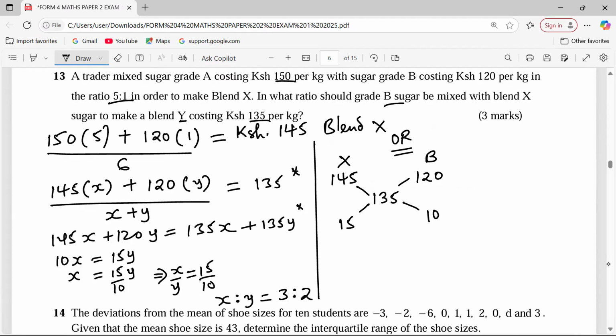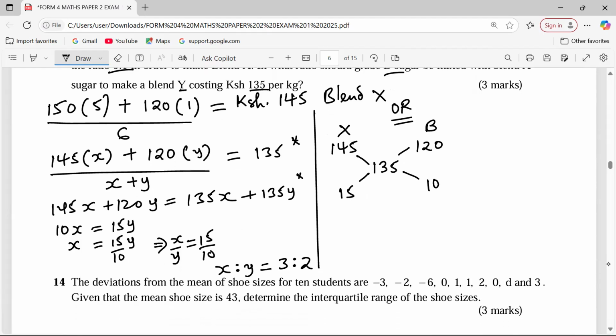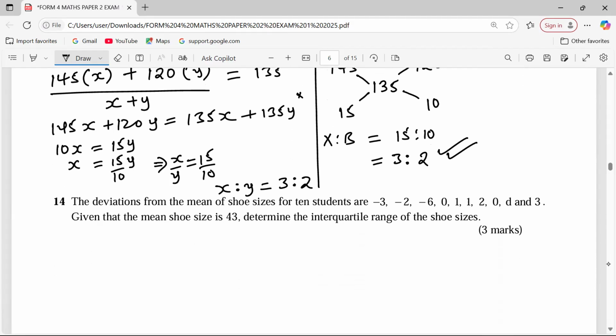So the ratio in which the blend X and the grade B are mixed is going to be 15:10, and we can't leave a ratio unsimplified, so by 5 it is 3:2. So the final step can also be done alternatively using that approach.